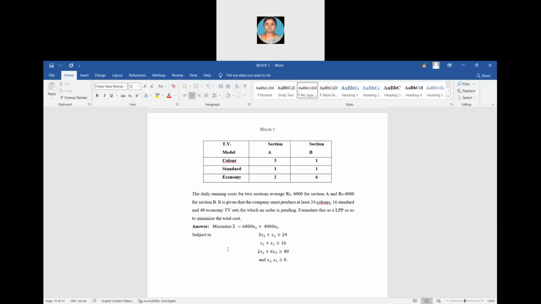Whether it is greater than or equal to, or less than or equal to, you can see from the question itself. If you have at least, it must be greater than or equal to; if you have at most, it is less than or equal to. This is the formulation of our linear programming problem.